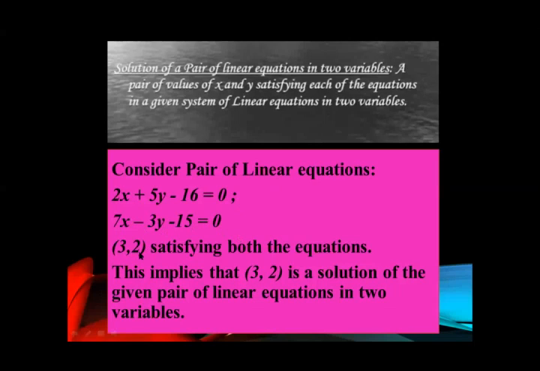Now the ordered pair 3 comma 2 satisfies the first equation, and the same ordered pair 3 comma 2 satisfies the second equation also. So this implies that 3 comma 2 is a solution of the given pair of linear equations in two variables. So you have observed that a pair of values x comma y satisfying both the equations is a solution of the pair of linear equations in two variables.